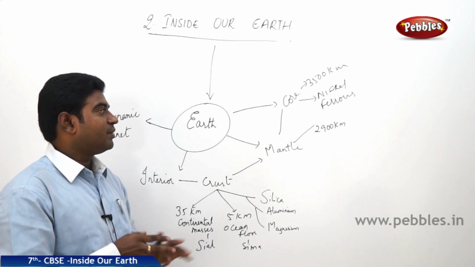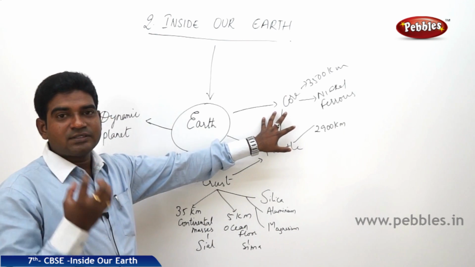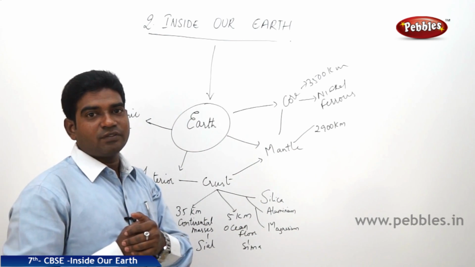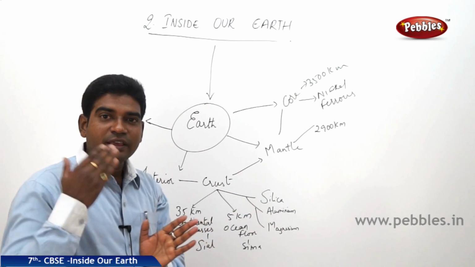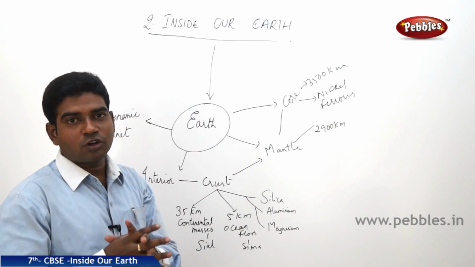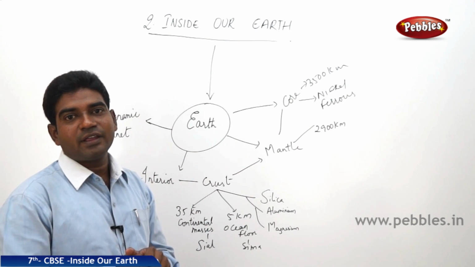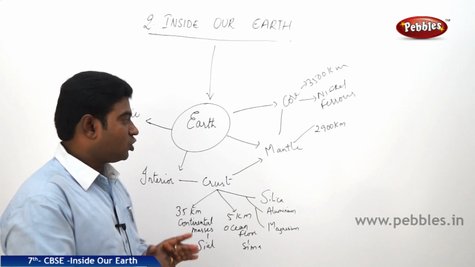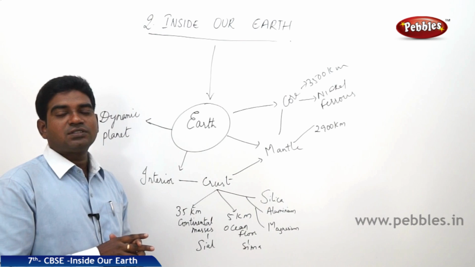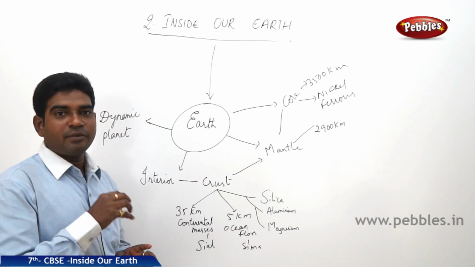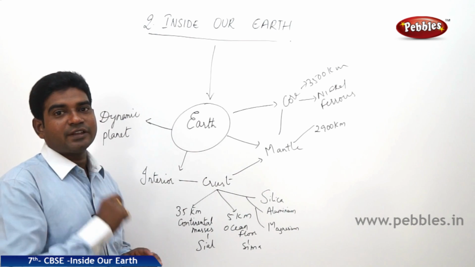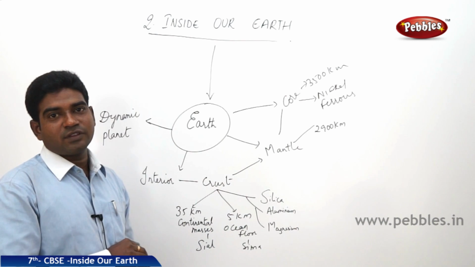Below that we have the core, the central part of the earth, which consists of the inner core and outer core, at a radius of 3500 kilometers. So in total we have 6400 kilometers of distance from the center of the earth to the uppermost layer of the earth.